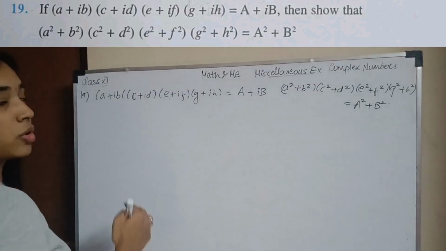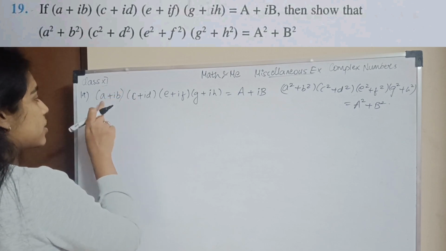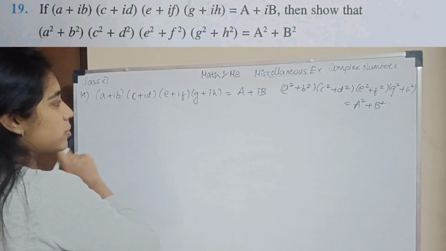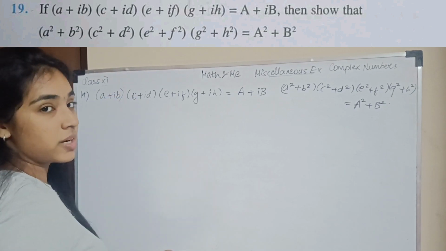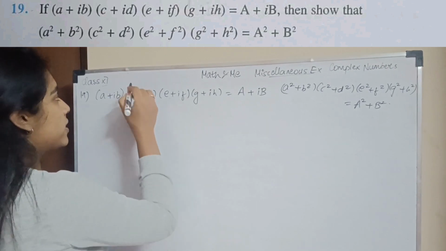They have actually taken the modulus of the whole equation. If you find the modulus of this, you will get a square plus b square. If you find the modulus of this, you will get c square plus d square.